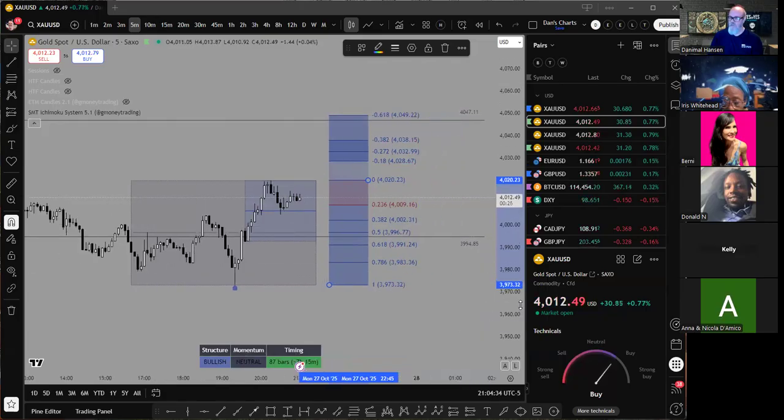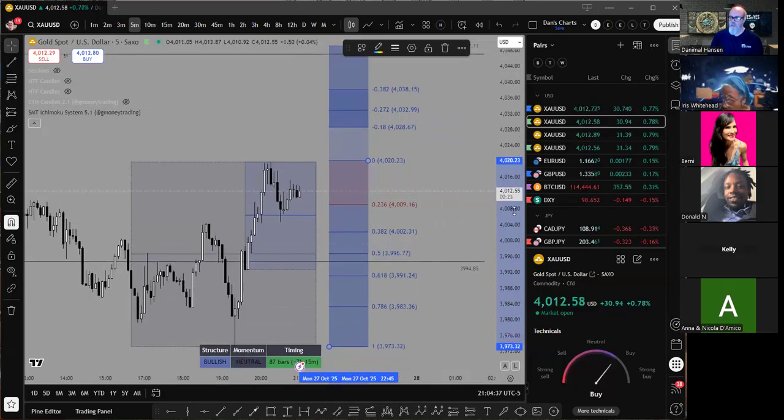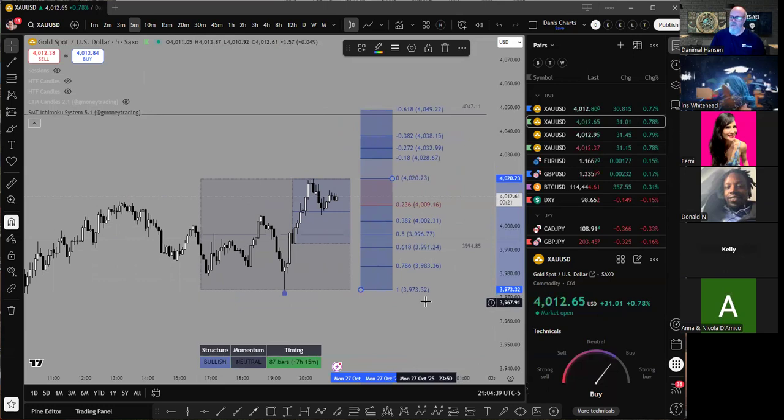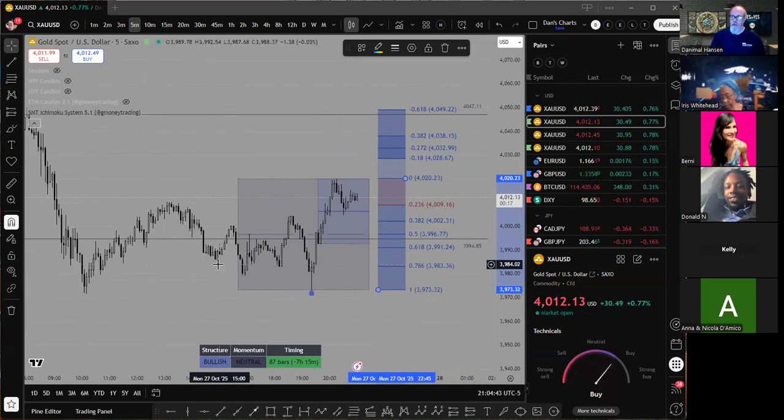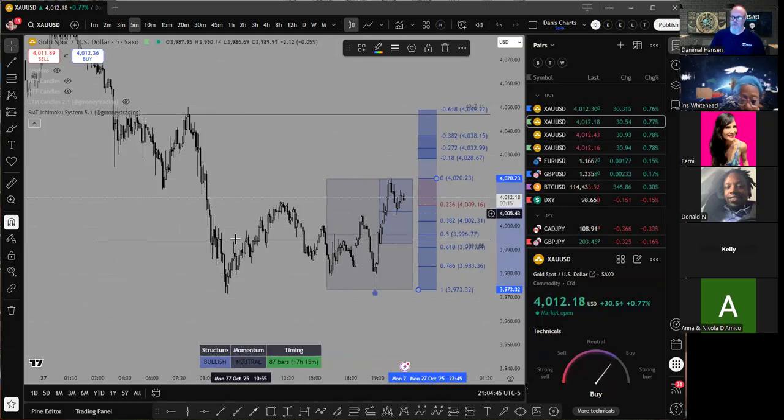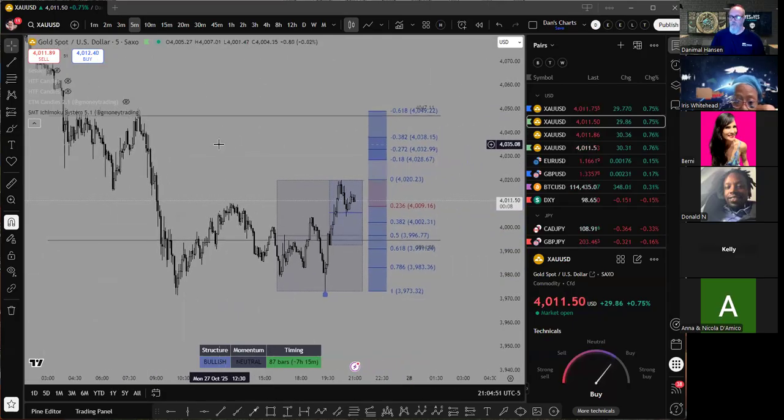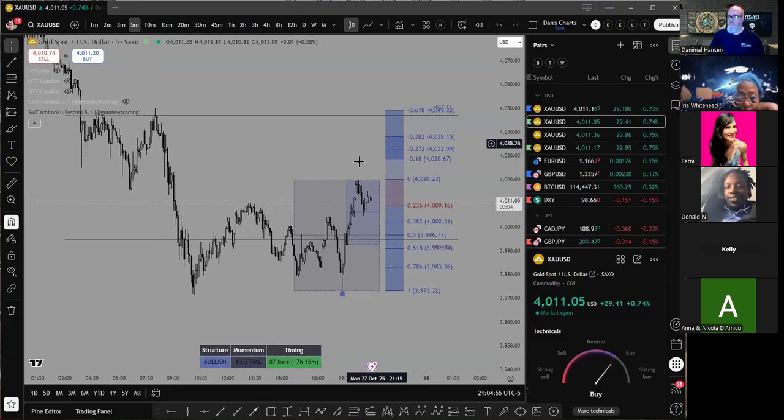Price is right now above the 23% line. So if I were to really think about trading this, and I'm always a big fan of trading from zone to zone, I'd be trading from this black line to this black line, which is possible. However, it has to break through.